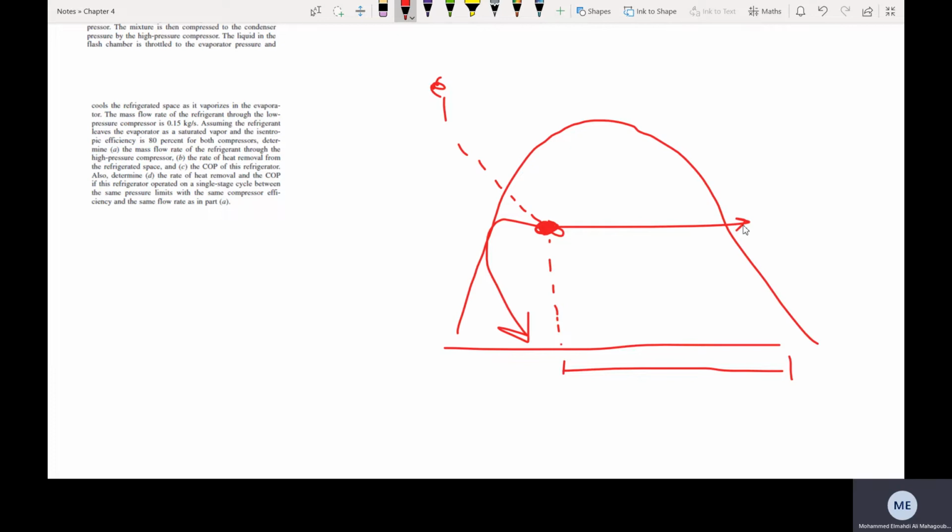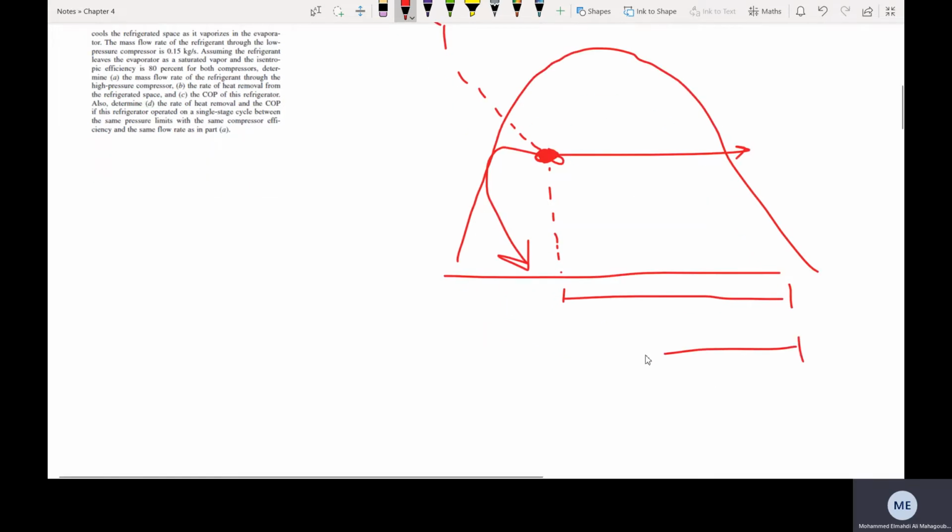From here to here, that's the vapor. From here to here, that's the water, over the total one. That is x. X is equal to the vapor amount over the total amount, which is the extract that's going there. That's why we say that this amount of flow is x of this point.